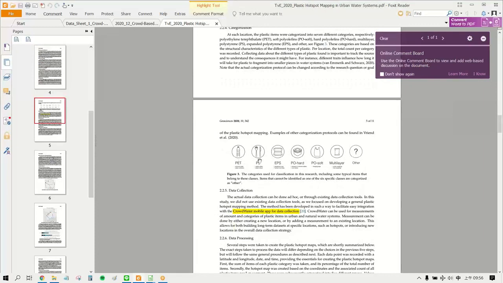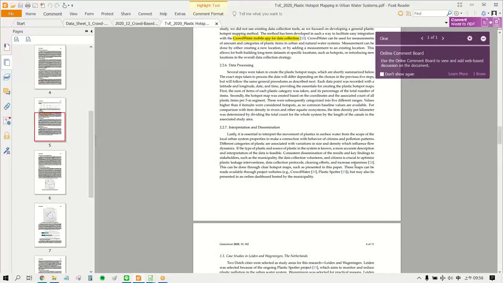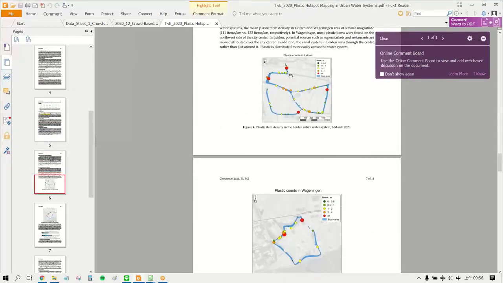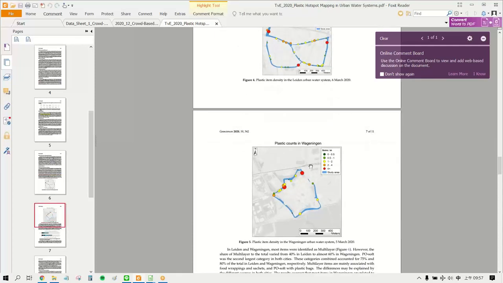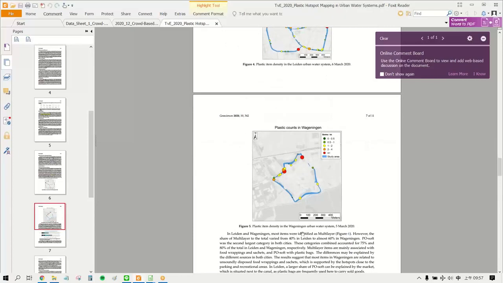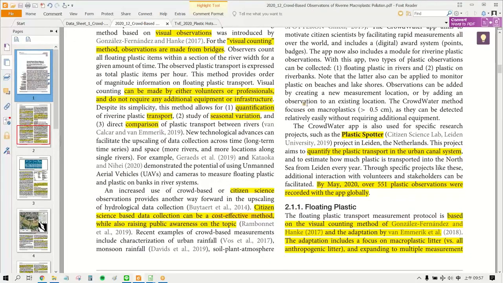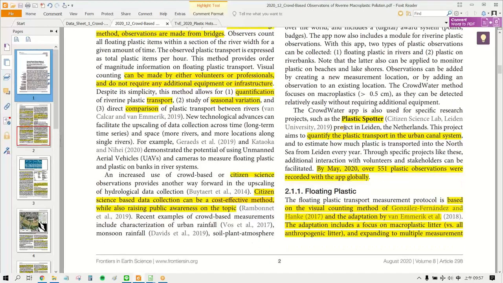They have some infographics to introduce their 7 categories of plastic, and also some maps. They just ask the surveyors to walk along the canal and record the amount of plastic, so the map can be drawn in a very quick and easy process. That paper was already published after this one.